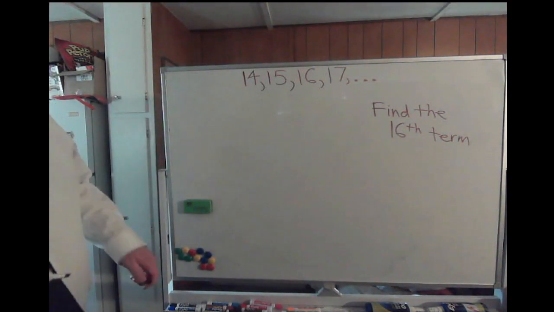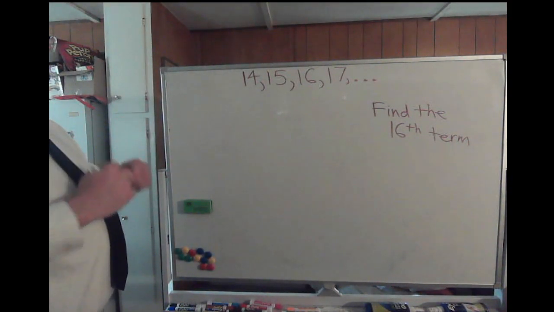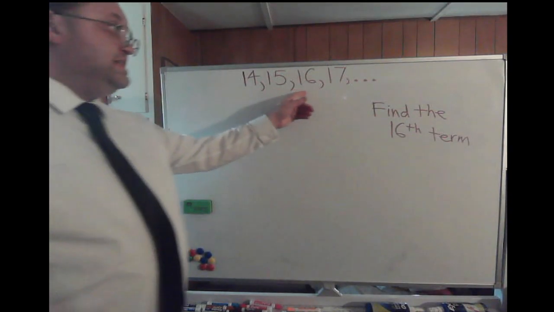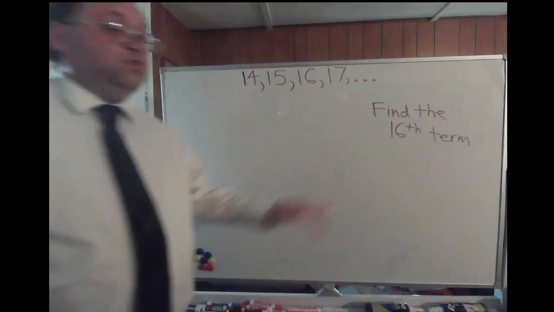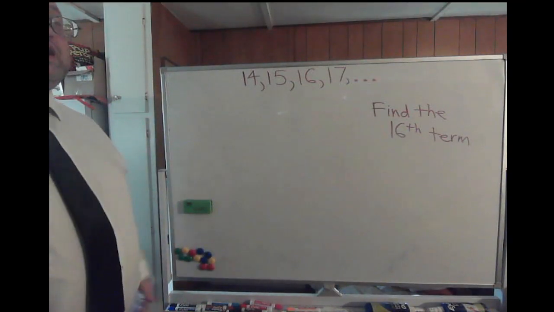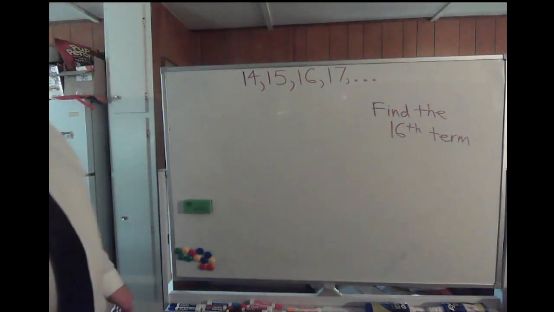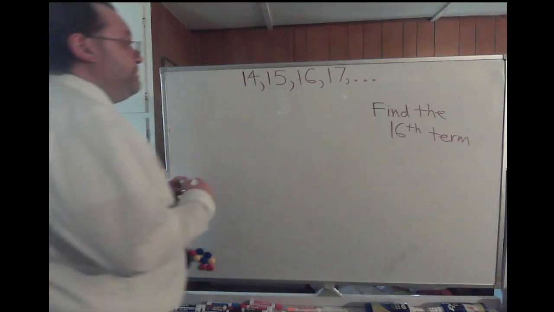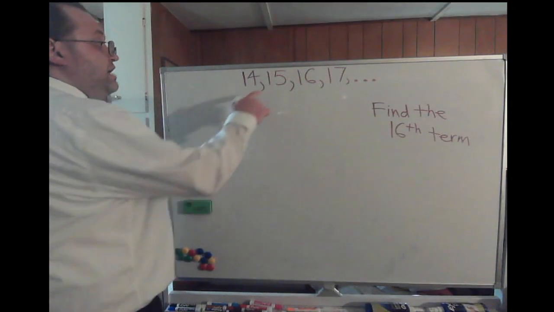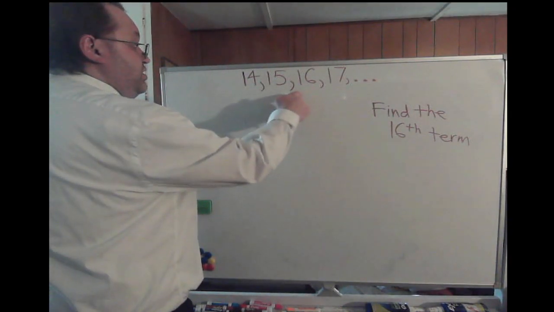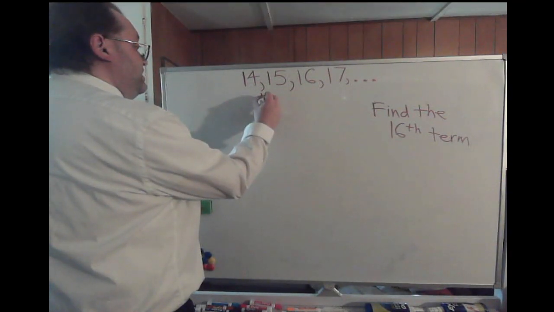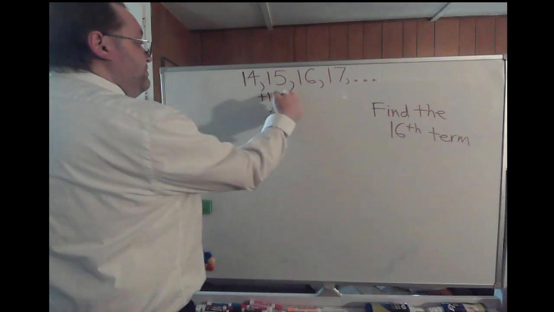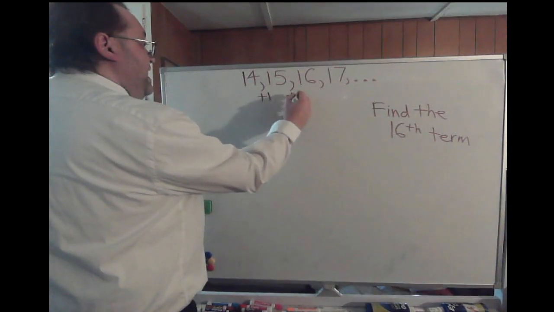All right, so we have 4 terms listed, 14, 15, 16, 17. They want you to find the 16th term. Well, I don't think you feel like sitting down writing out 12 more terms, so we're going to use a shortcut we've learned. First, again, figure out the common difference between each of the terms of this sequence. To get from 14 to 15, you simply add 1. To get from 15 to 16, you simply add 1.